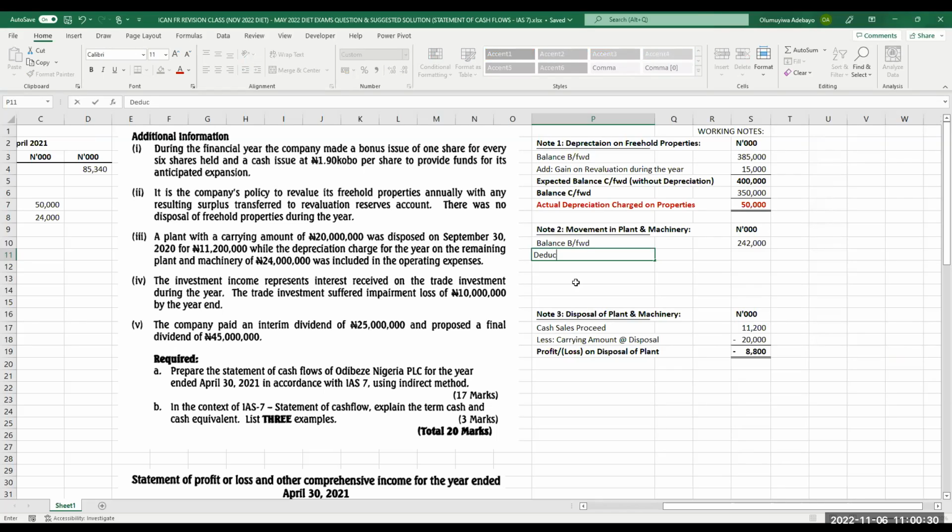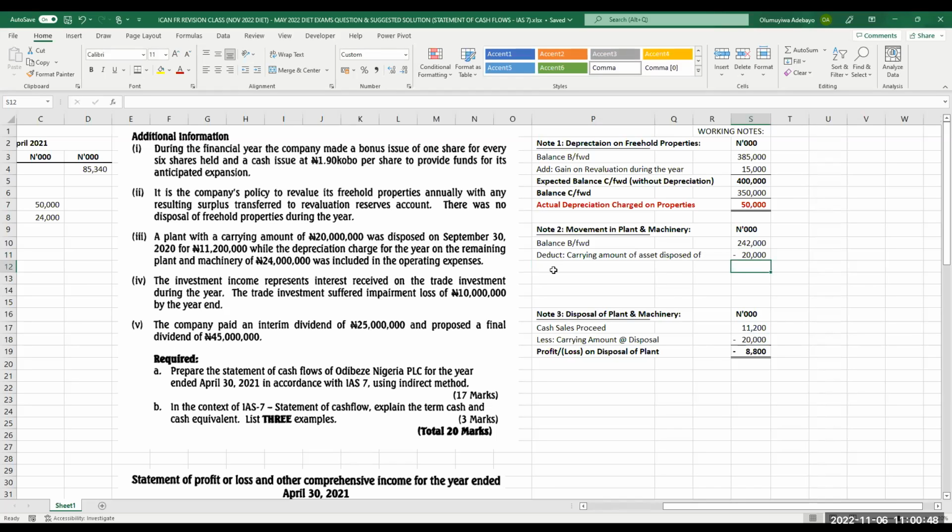Now let's look at what will have happened. If our opening balance was 242,000, we recognize the carrying amount of the asset disposed of. I remember what the carrying amount was: 80,000. We take it out.